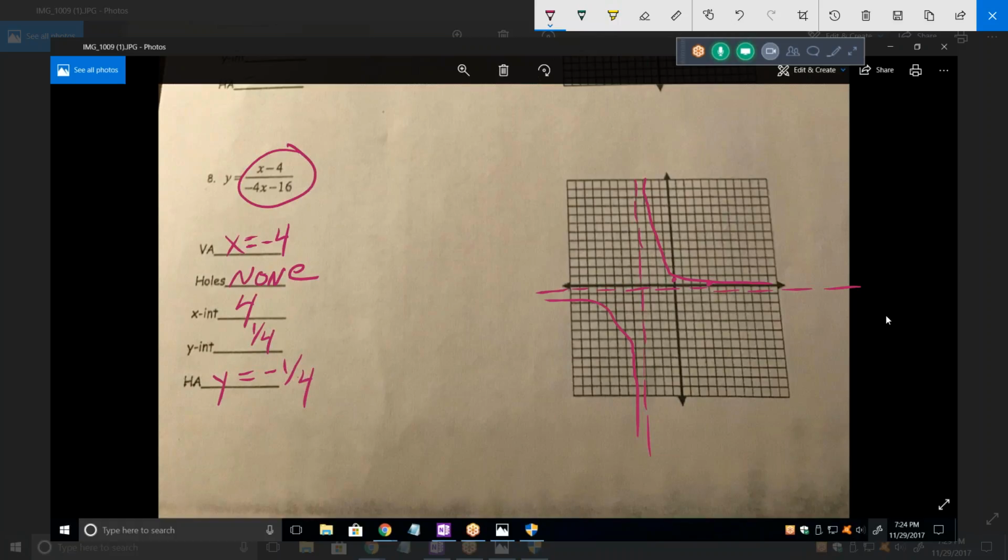Let's see if we can solve that. If I multiply both sides by the denominator, I get this, and that becomes x plus 4. Is that possible?